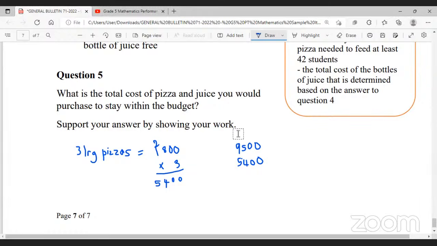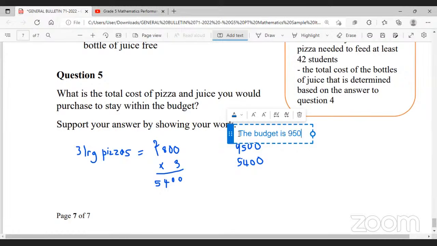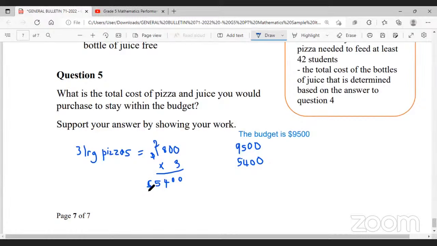And I can just put a little note to say that the budget is $9,500. 0 from 0, 0. 0 from 0, 0. 4 from 5, 1. 5 from 9, 4.